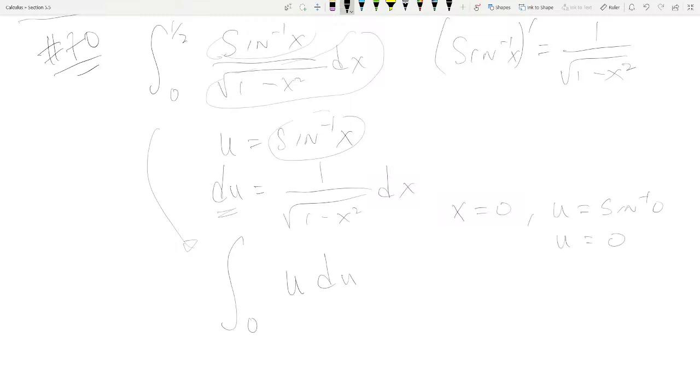All right, how about when x equals 1/2? Then u is going to be sine inverse of 1/2. And you ask the question, what angle has sine 1/2? You can look at a little unit circle here. The sine is the vertical component, so if it's short, then it's going to be 1/2. And where does that happen? That happens at pi over 6, 30 degrees.